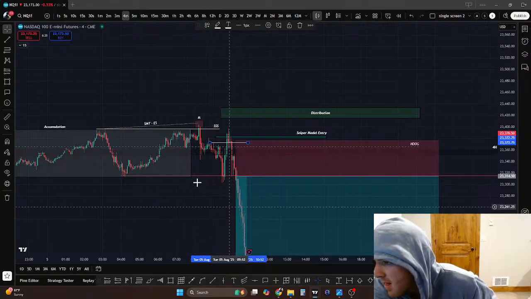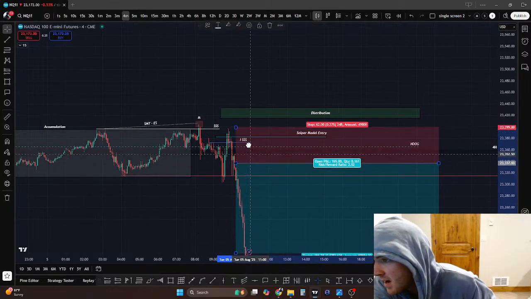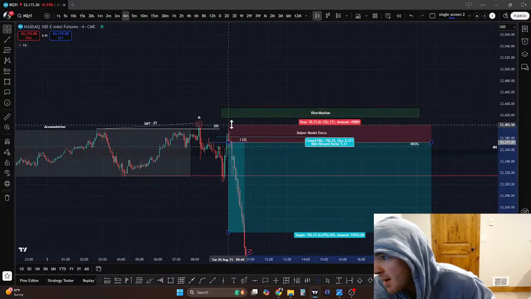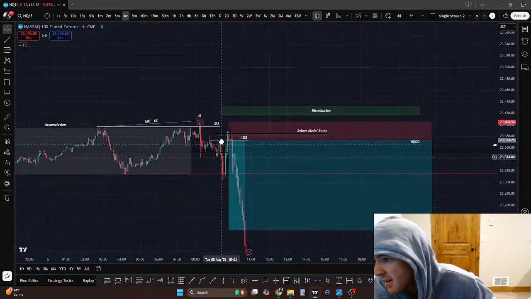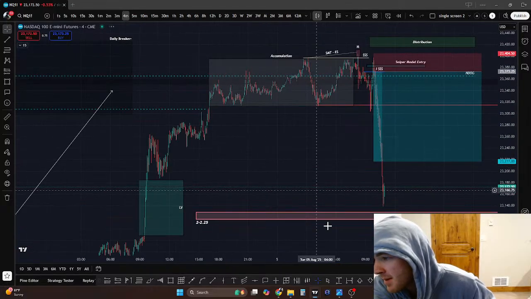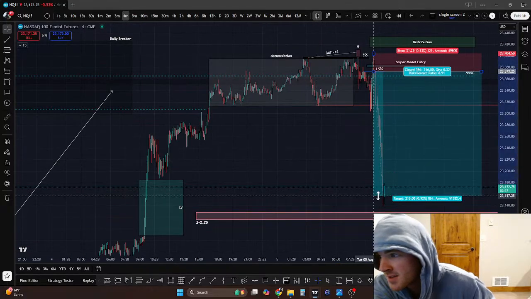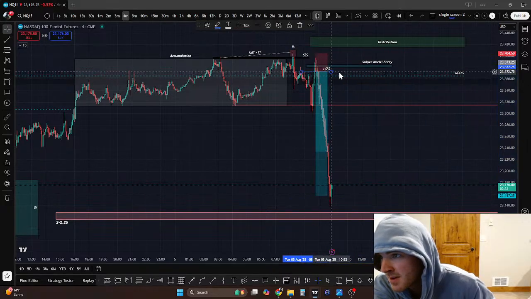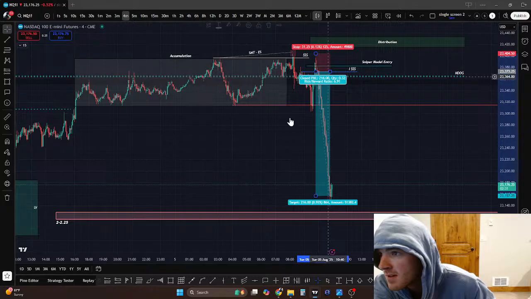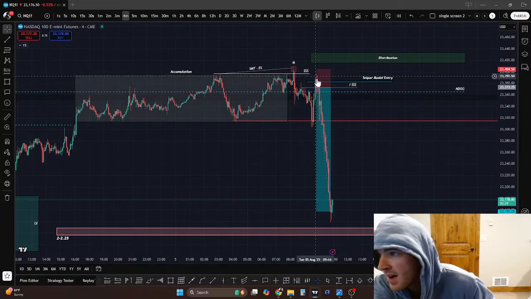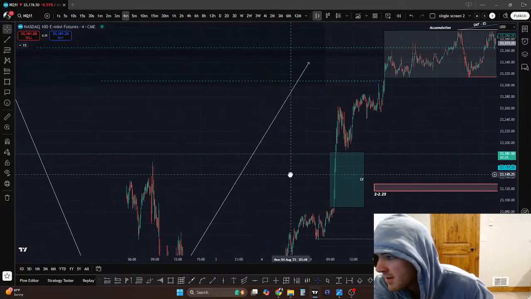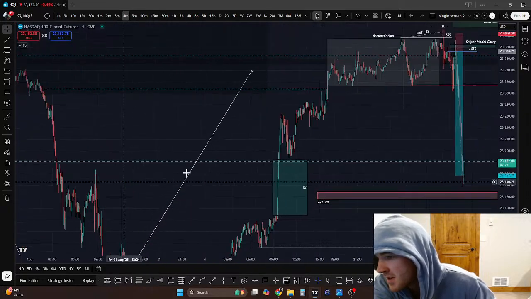And then, bang. Inducement. We use stop losses to enter, and then we take profit with stop losses, from one stop loss to another. That right there is true market making, right? Inducement of highs, stopping people out at this consolidation and then this void.